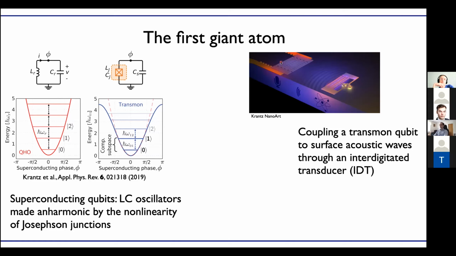The fingers of the electrodes alternately push and pull on the substrate. If you have the spacing right between these fingers, so you're on resonance, so to speak, with a wavelength of the surface acoustic waves, the vibrations you want to generate, you generate a wave that propagates out.